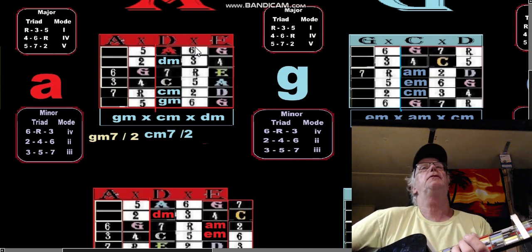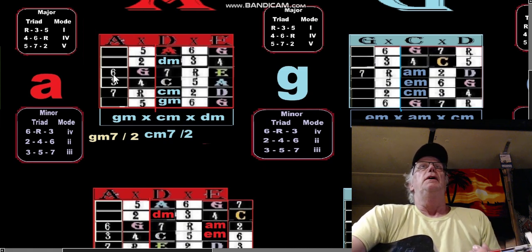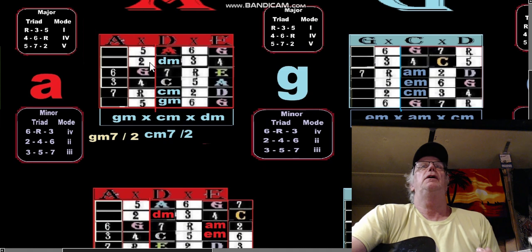And then the arpeggio for the C minor would be 6, 2, 4, 6, 2, 4, 6, for the C minor shape, which is going to be the second minor. Remember, this is the 6th minor.